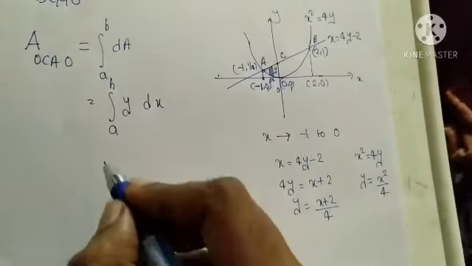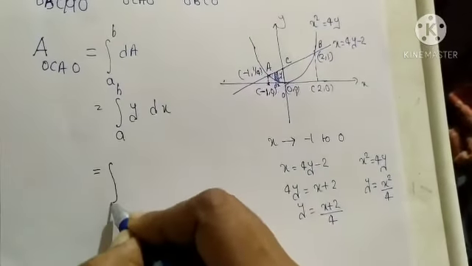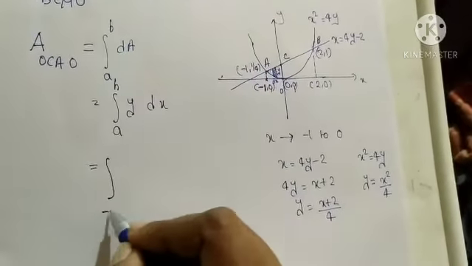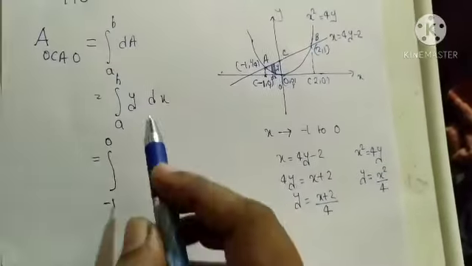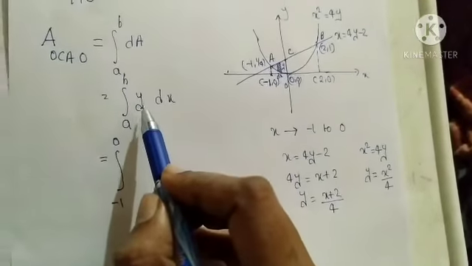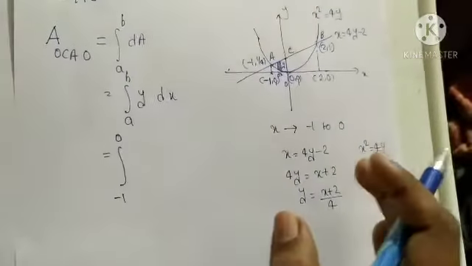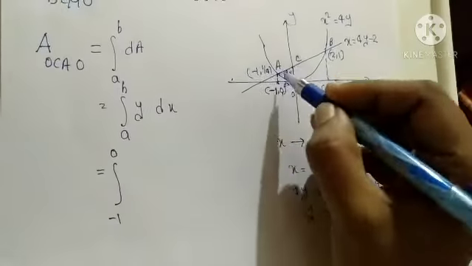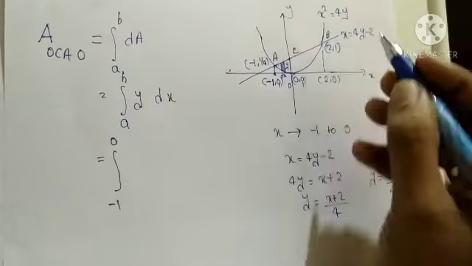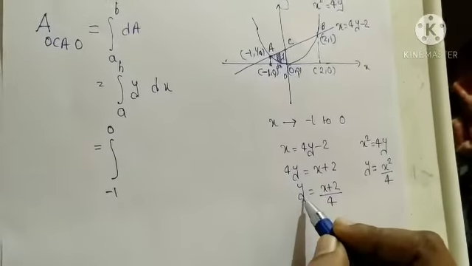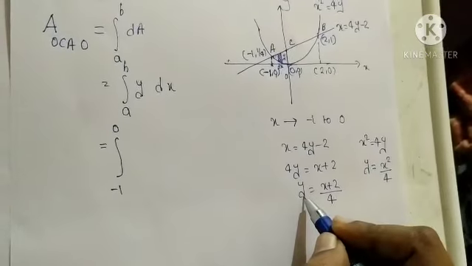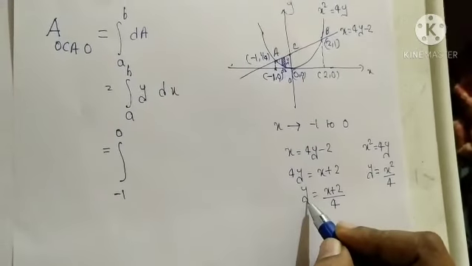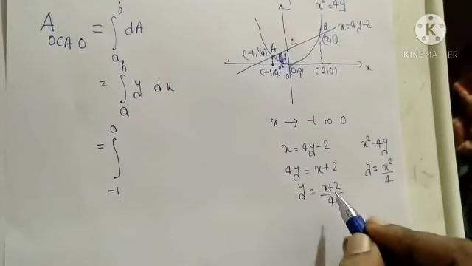Okay, so next I'm going to change this limit as minus 1 to 0, and I am going to change this function y as upper function minus lower function. So here upper function is the straight line. I am converting this straight line equation into y as a function of x.